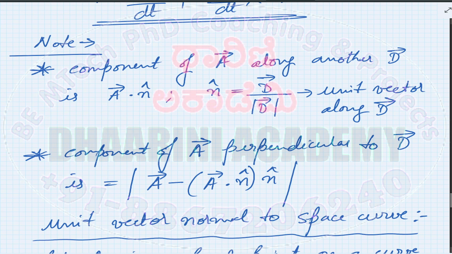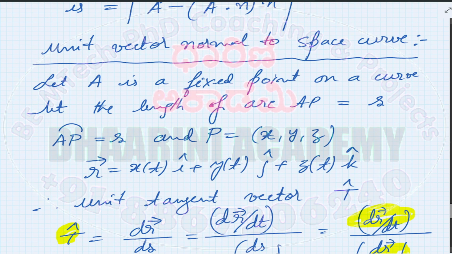How do you find it? a vector minus (a vector dot n cap) times n cap. A dot n cap is a scalar component, and into n cap gives you a vector. So a vector minus that vector is a vector. You can take its magnitude if you want a component. If you want the vector, you don't have to write the magnitude; whatever you write itself is the answer. Are you okay? So that is the concept.